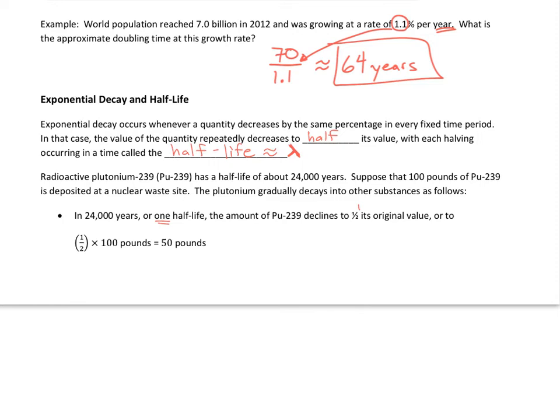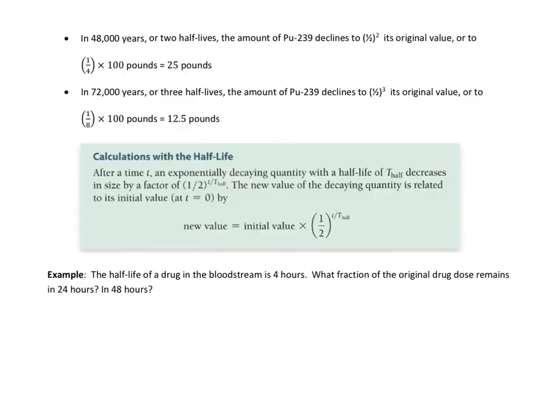Before I get there, the same thing happens with the number of half-lives being the exponent on the value 1/2. In 48,000 years, or 2 half-lives, the amount of plutonium-239 decreases to 1/2 squared its original value.